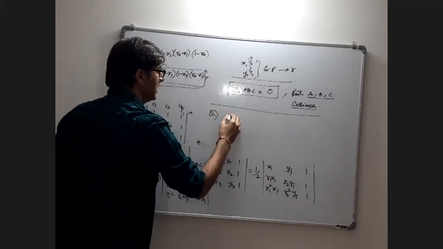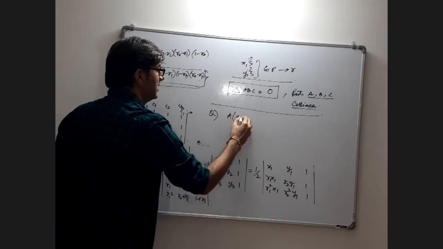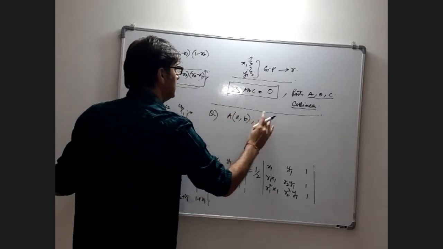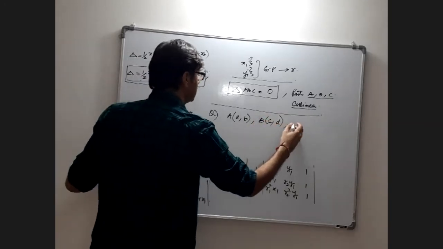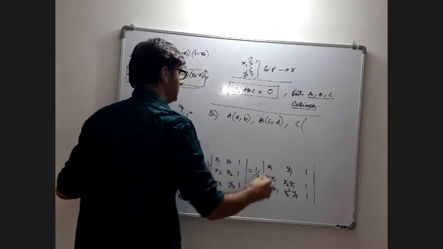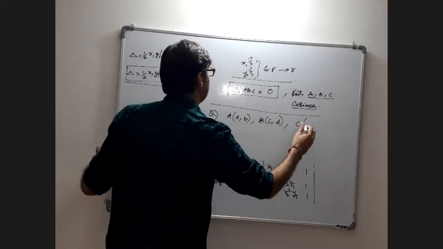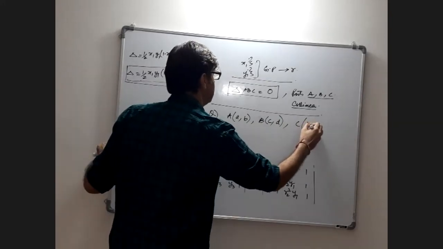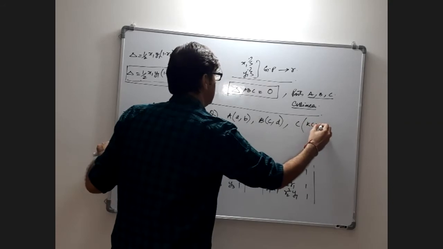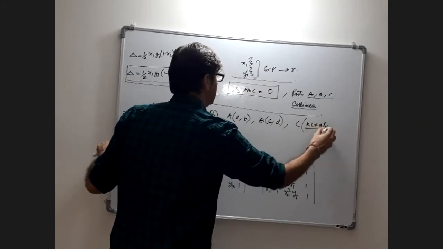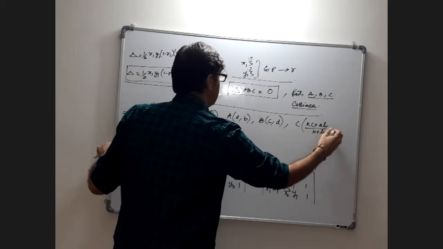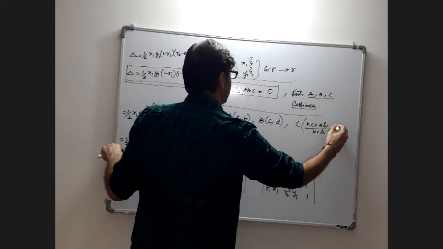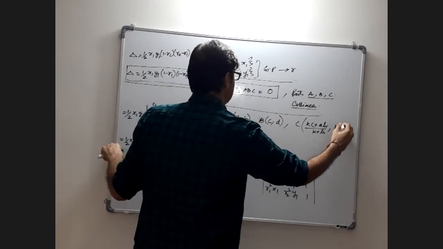Now you can add one more question. For the triangle ABC with vertex A with coordinates a, b, vertex B with the coordinates c, d, and vertex C with the coordinates (kc plus ah) upon (k plus h) and (kd plus bh) upon (k plus h).